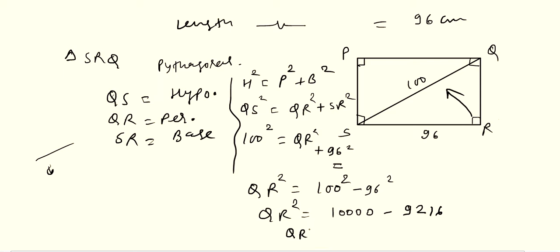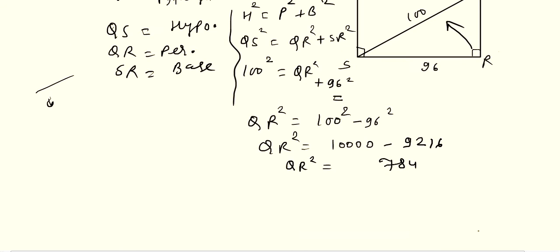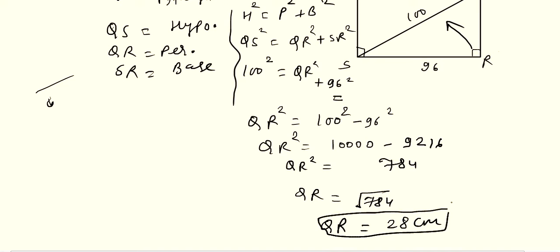Subtracting this, you will get 784. Now QR equals under root 784. Square root of 784 is 28. So your breadth is 28, so this one is 28 centimeter.